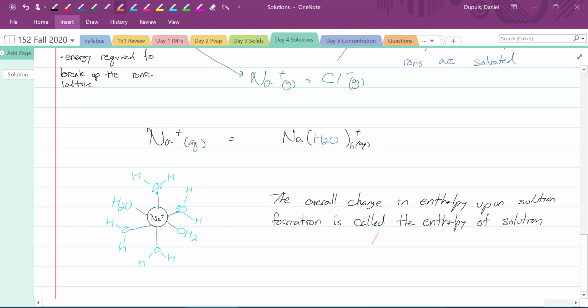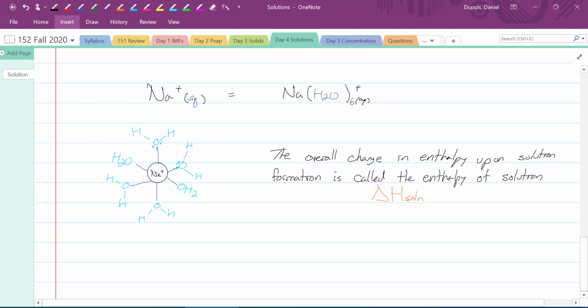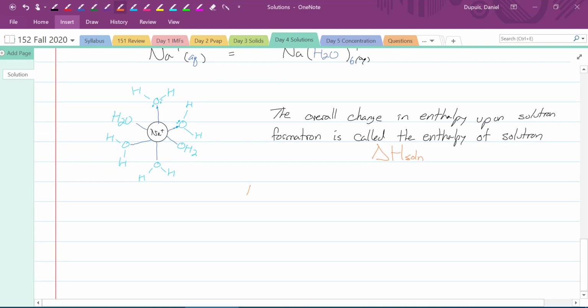Of course, we get delta H of solution, that's heat transfer at constant pressure. So we know delta H of solution depends on the magnitude of lattice energy and solvation energy.